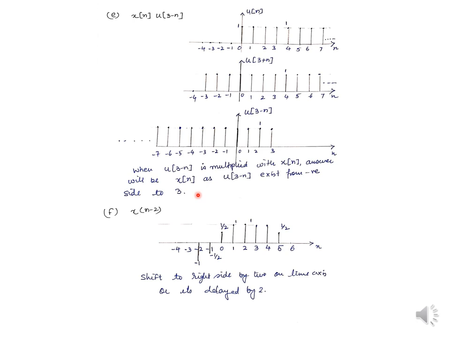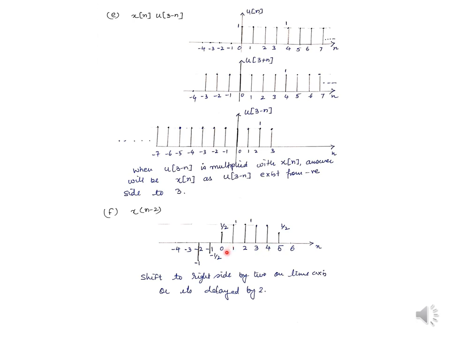Next question is x of n minus 2. Now if you are doing x of n minus 2, that means you are shifting the signal by a value equal to 2 on the positive side, or you can say you are delaying the signal by 2 units.